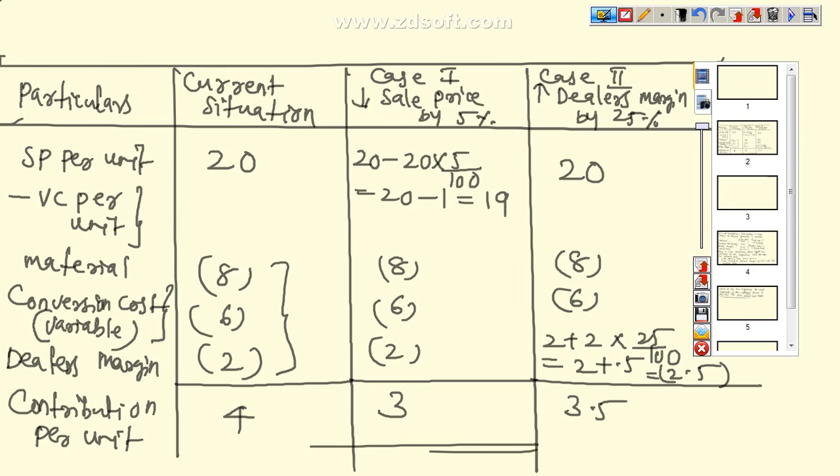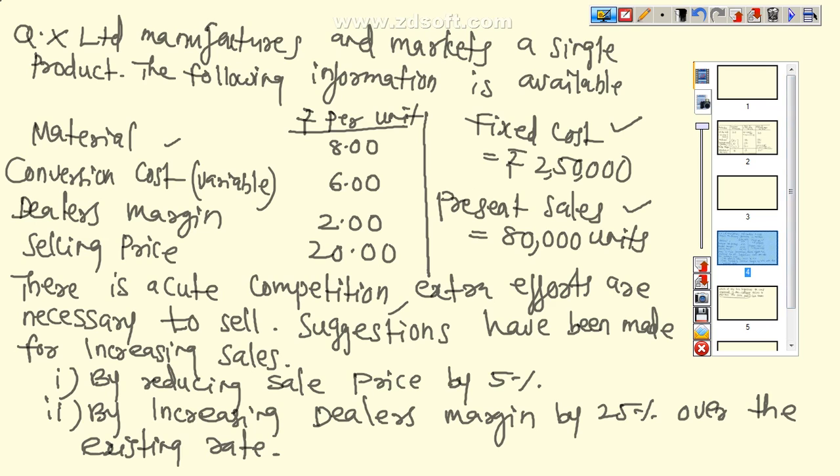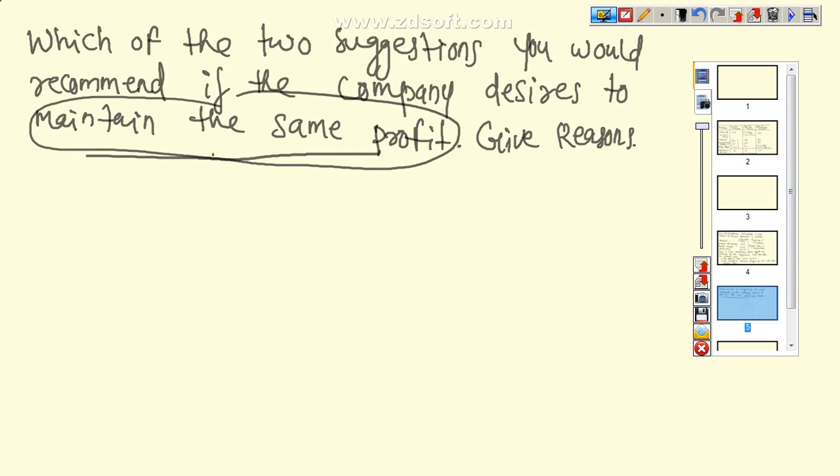Now first we have to calculate current profit. According to the question, we have to maintain the same profit. So first we have to calculate the current profit. So profit is equal to contribution minus fixed cost.